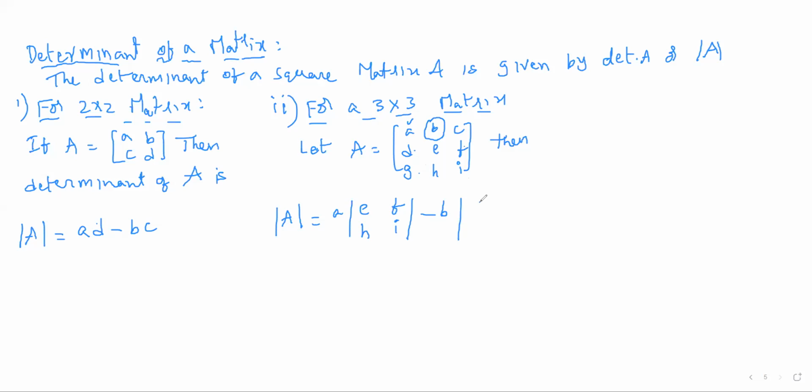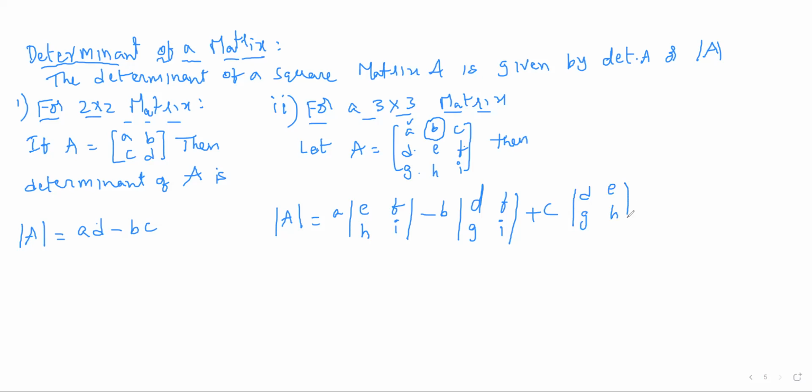So b into the determinant of d, f, g, i, plus, next c. For c you need not consider the opposite sign; you have to consider the same sign only. So c into, deleting the corresponding row and column, the 2 by 2 matrix of elements d, e, g, h. So c into the determinant of d, e, g, h.